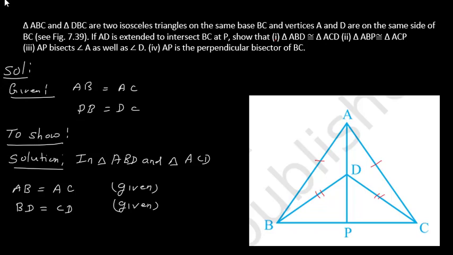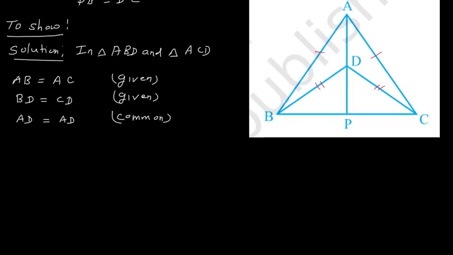And third, we have AD equal to AD, this is the common side. So therefore triangle ABD is congruent to triangle ACD. Criteria is side, side, side criteria.